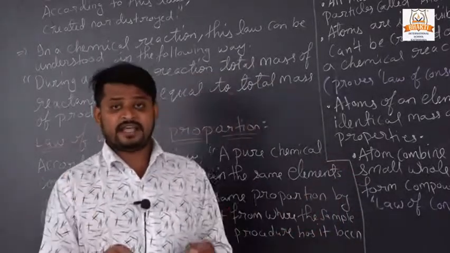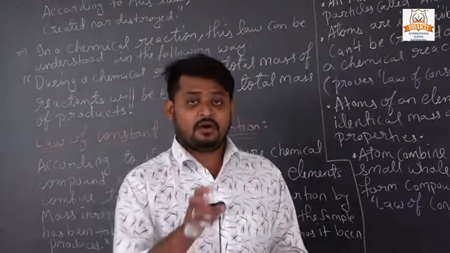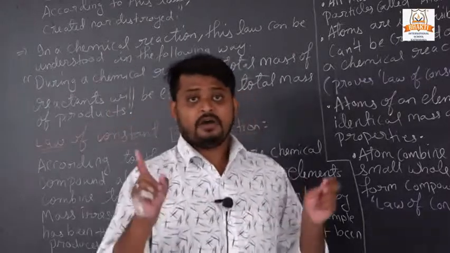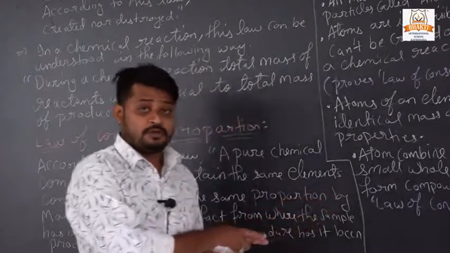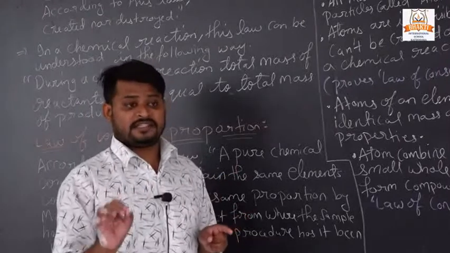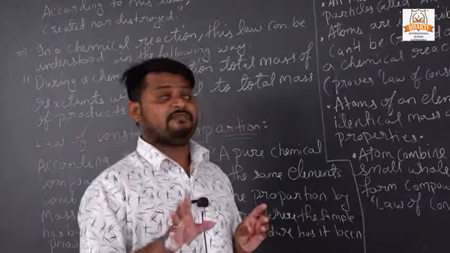If we look at the proportion of hydrogen and oxygen in all the water that we have taken from different places, all are the same. The proportion of hydrogen and oxygen in water is always the same.